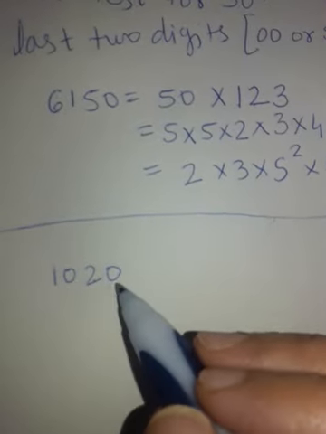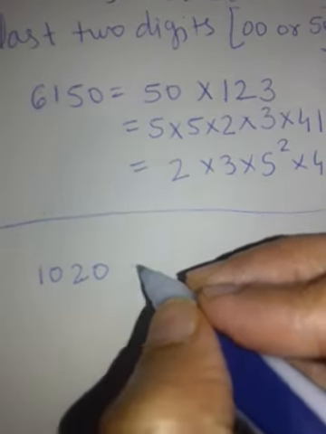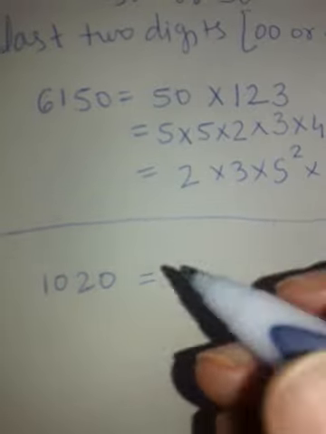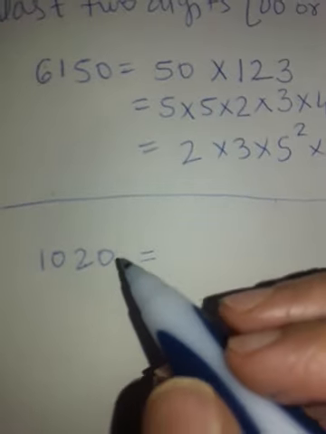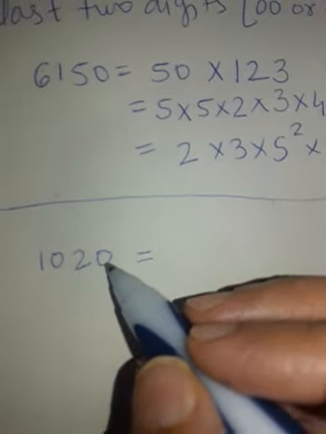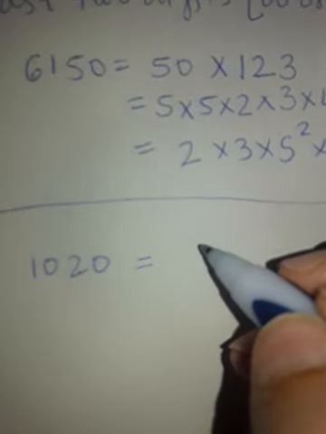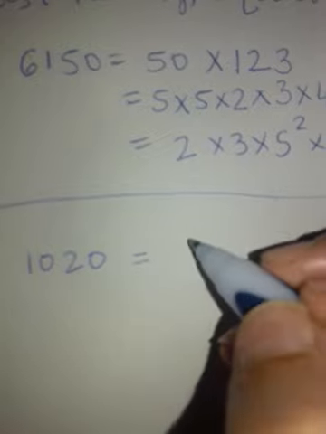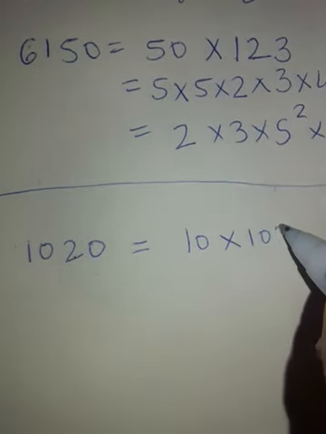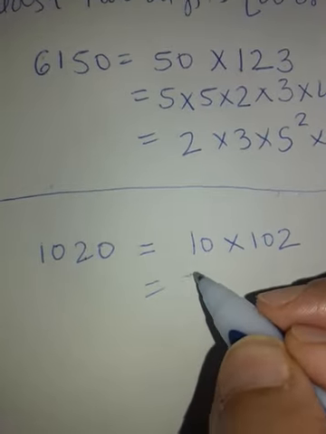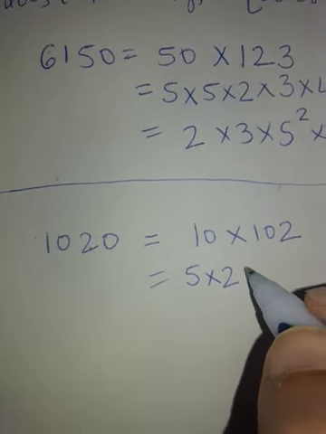So let's now factorize 1020. As I asked you, find big factors. Don't start with 2. Find big factors. 0 at the end, that means it is divisible by 10. Okay, so it is 10 into 102. But what is 10 in prime numbers? 5 into 2.